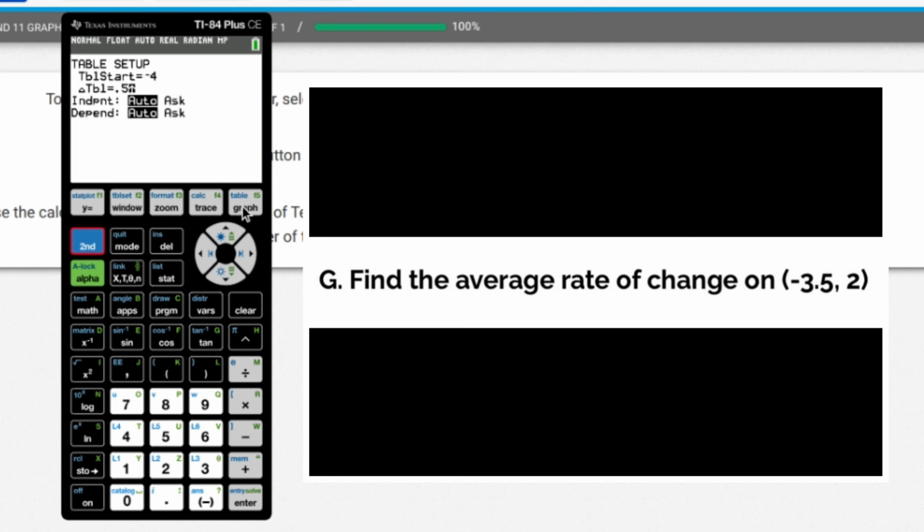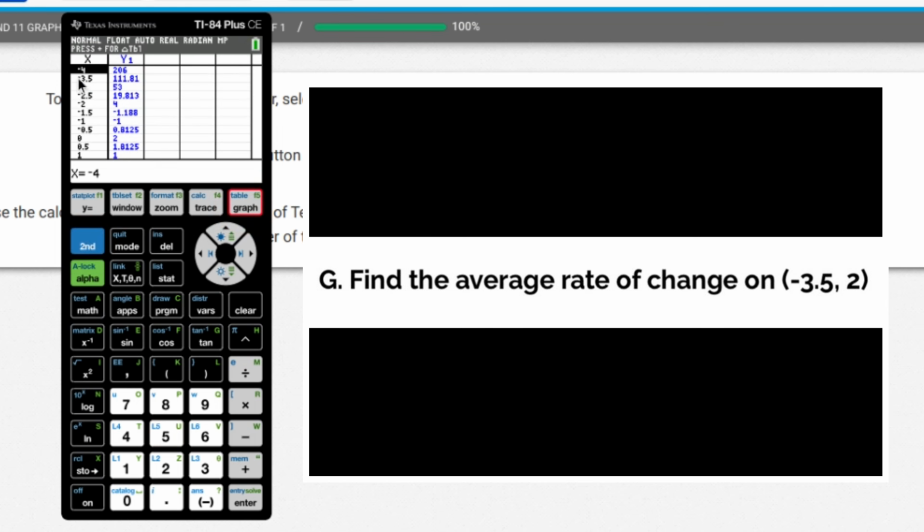So when I go back to table, I now have my negative 3.5. So let me go down, let me go over, and I'll get more exact values. Negative 3.5 is going to be 111.813. And I'm going to go down to 2 and get 8. That's nice.